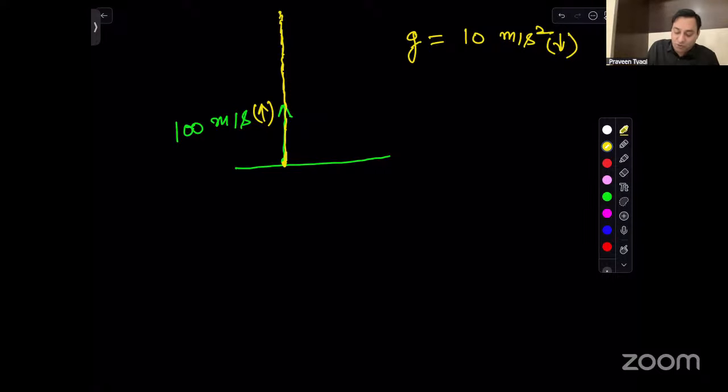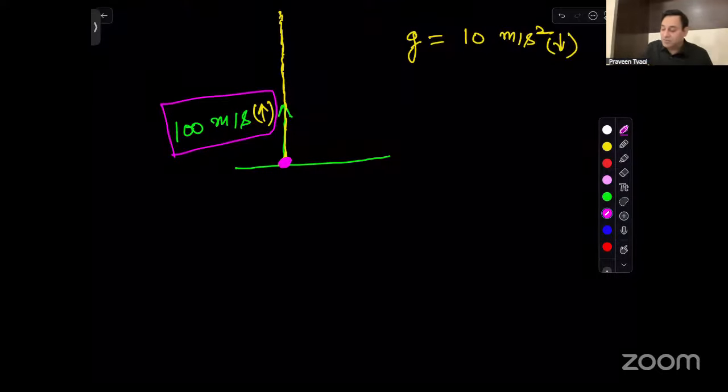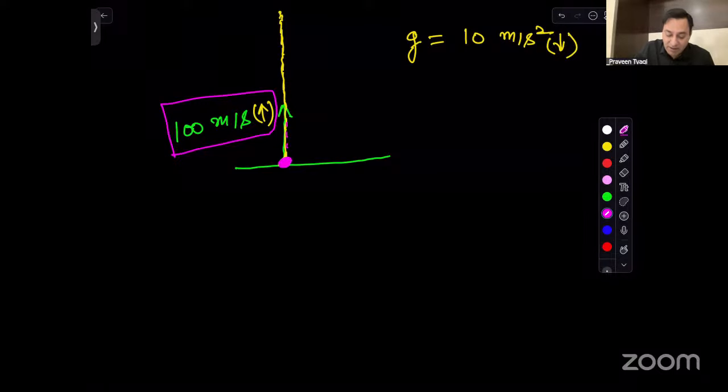I will explain again. The question is, I am throwing a stone upwards with a speed of 100 meter per second in the upward direction. It will go up, and then acceleration due to gravity is acting downwards.